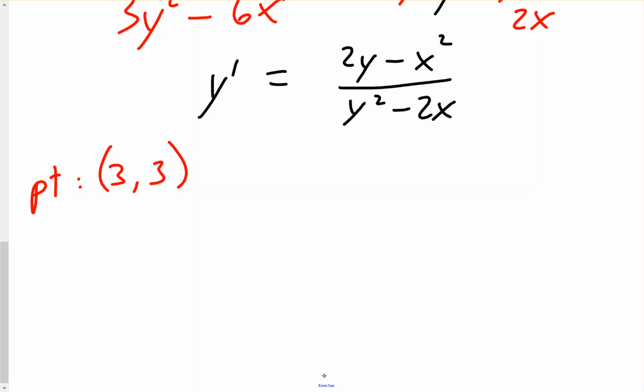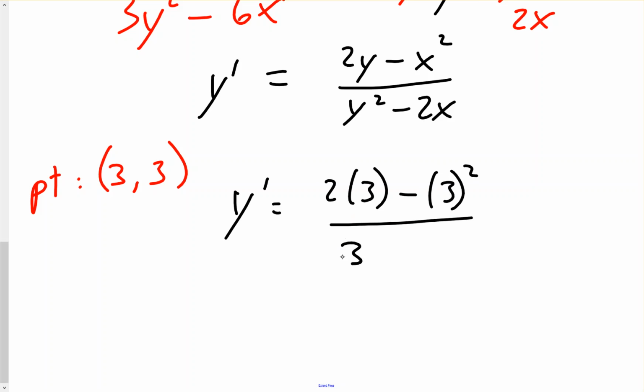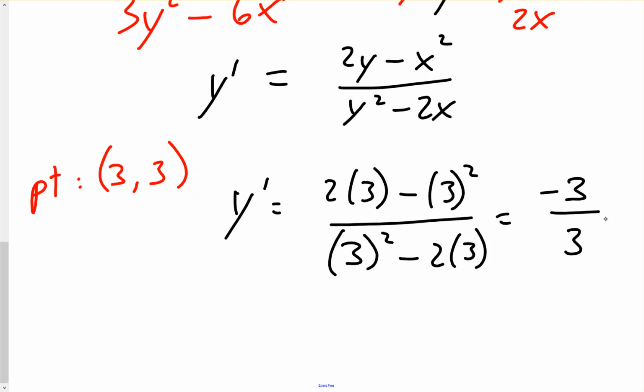So we have 2 times 3 minus 3 squared over 3 squared minus 2 times 3. That gives us 6 minus 9, so negative 3. And that's 9 minus 6, that's 3. So that gives us a slope of negative 1.